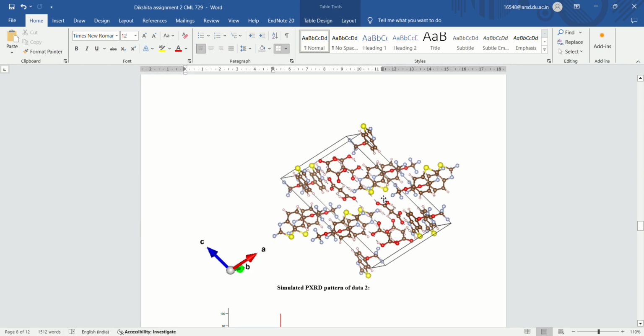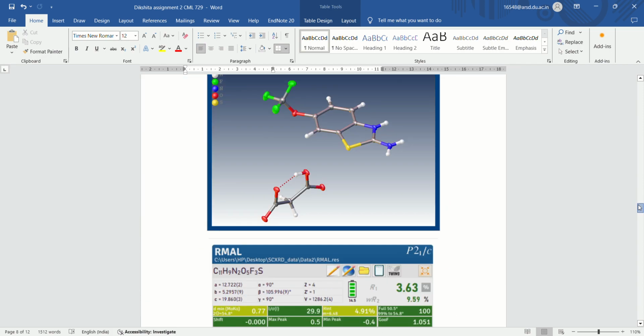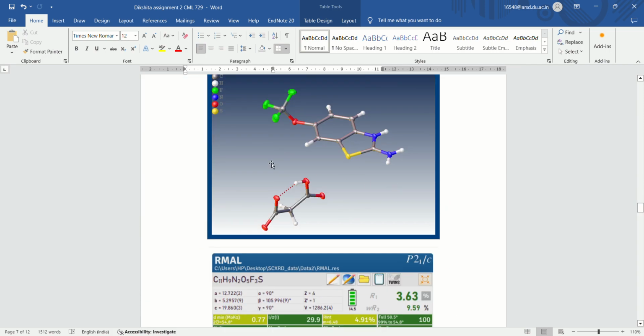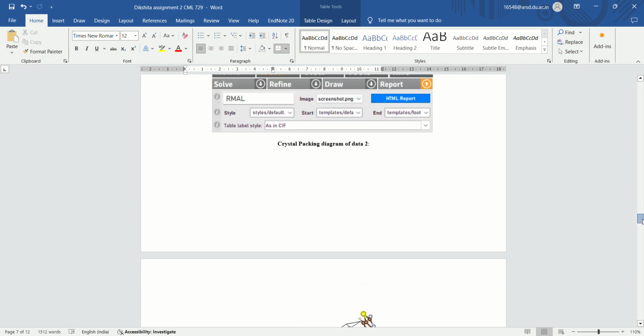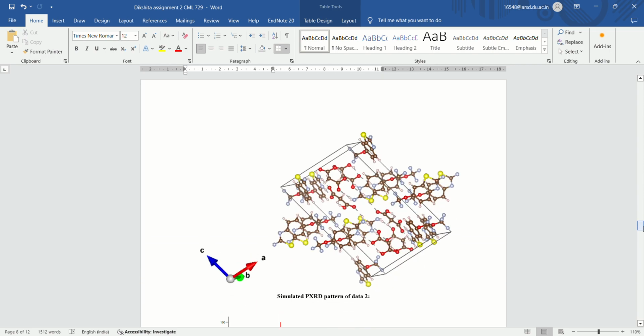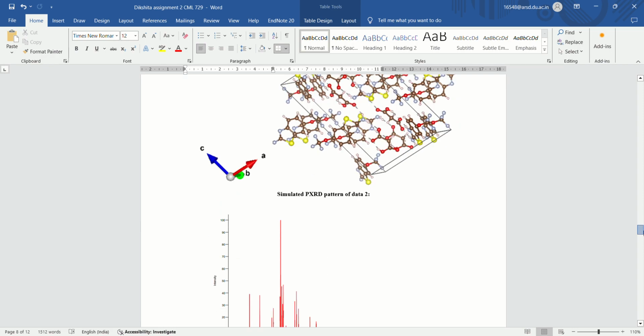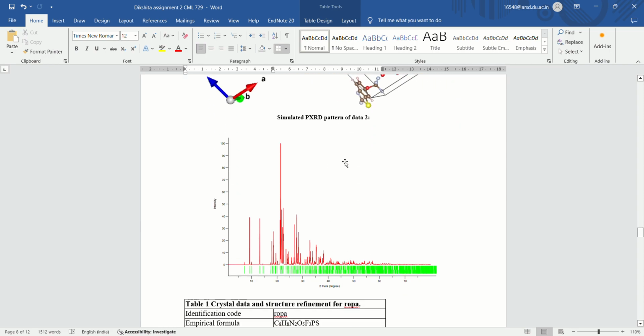Here we can also see the hydrogen bonding in this crystal packing diagram, which was not visible in the structure diagram in OLEX. So in this way, the crystal packing diagram is very useful. Similarly, I got this simulated PXRD pattern of data 2.